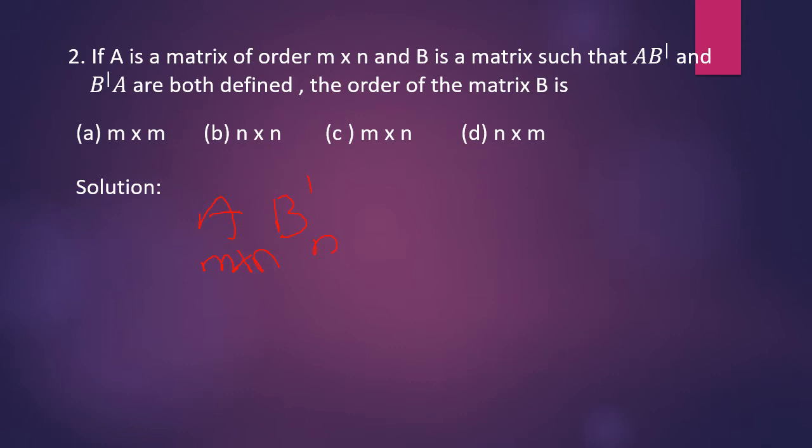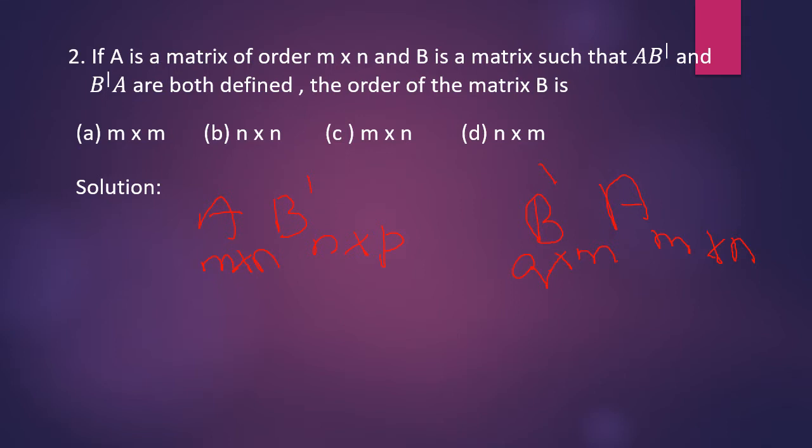So n by, I'll take the number of columns as P in general. Next again, B dash A exists, and we know that the order of A is m by n and the number of columns of B dash should be equal to the number of rows of A. Therefore the number of columns will be m, and I'll take the number of rows as Q here.